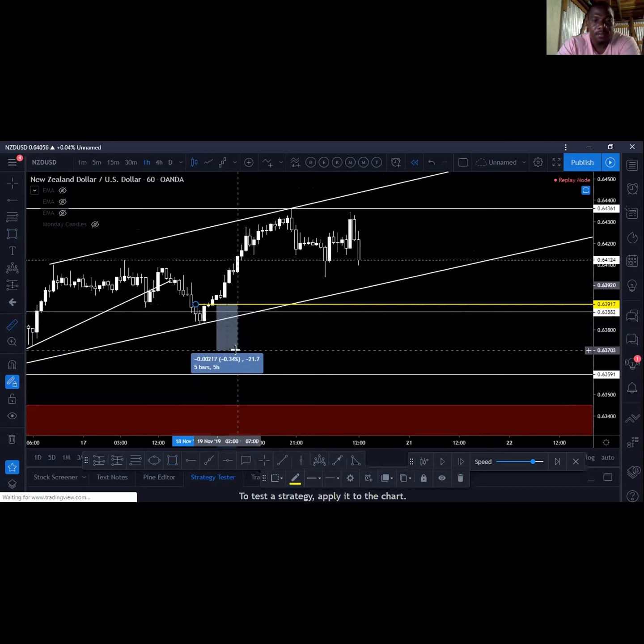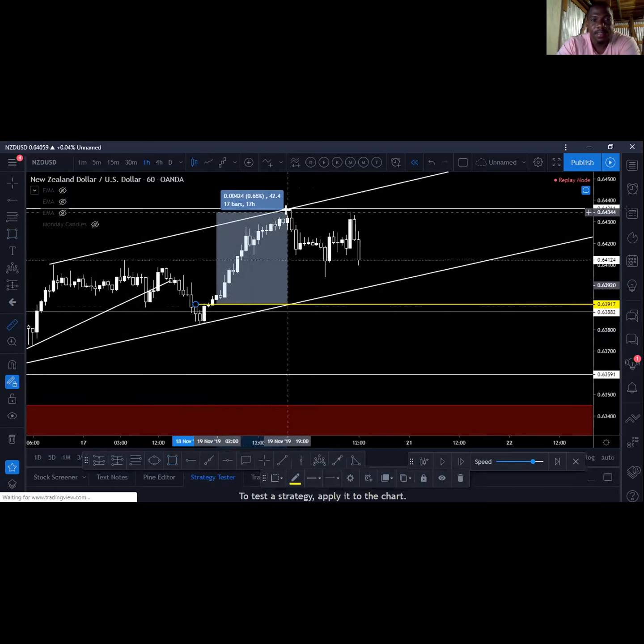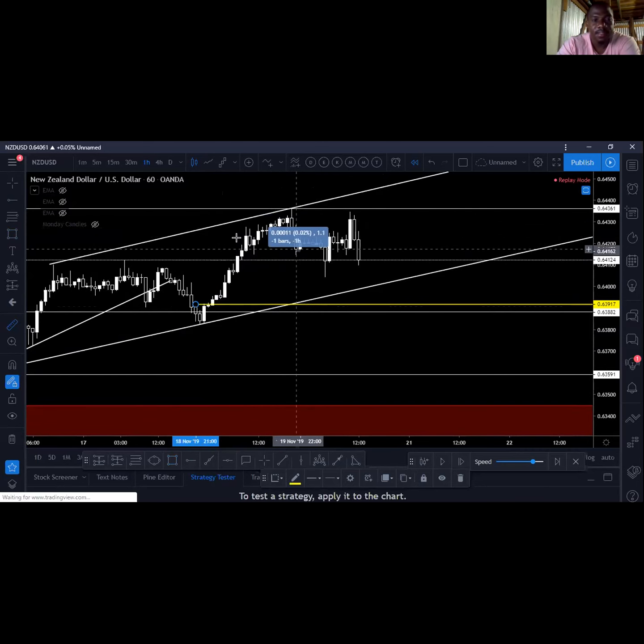You want to get a little room. If you entered based on the engulfing candle and then just buy the market, you would catch a nice 30 to 40 pips. If you got a TP set to 30 pips, that would have been a nice trade.